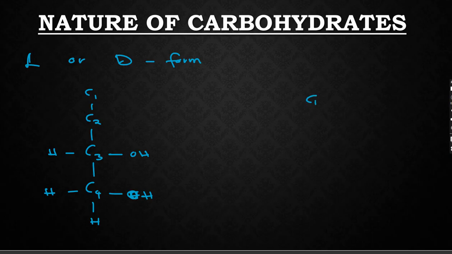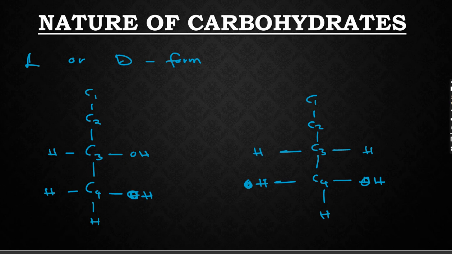Let's say we have C1, C2, C3, C4. This is carbon 4. We have the OH there, and H and H here. Here we have our OH, and here we just have H. Now here we are going to have our H here, and H is going to be here.